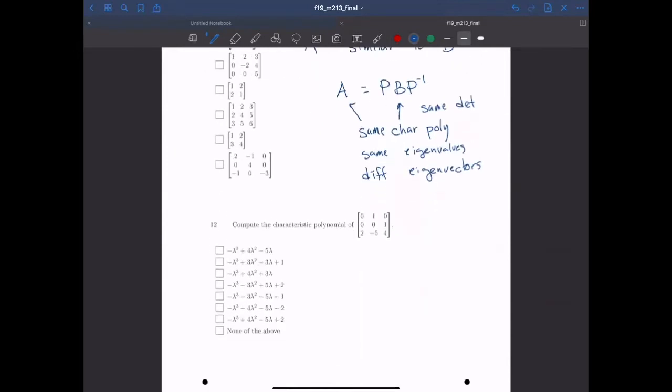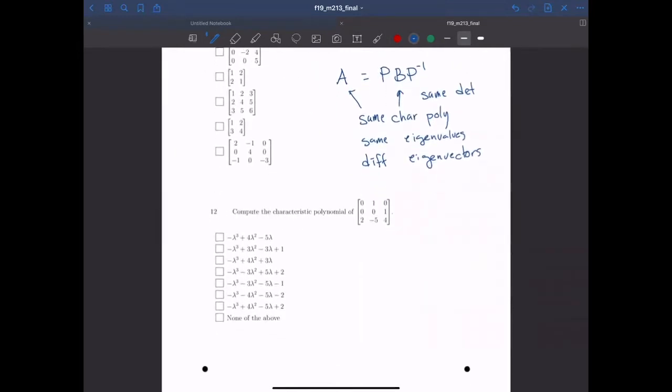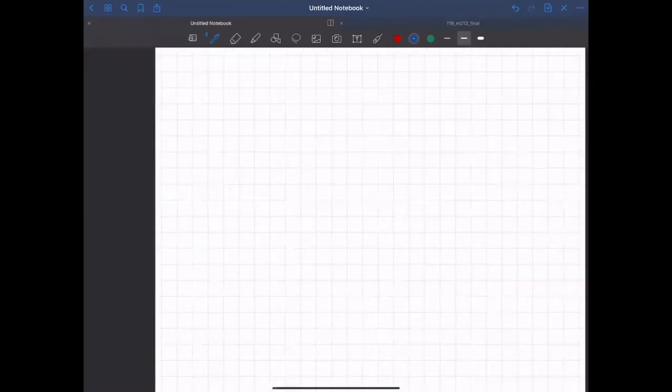The instance that we focused on, I can bring up a different page here, was this here. The thing that we really cared about is, what happens if your matrix is similar to a diagonal matrix? That's the case where we actually spent some time talking about. So the situation we really cared about is when D was a diagonal matrix.